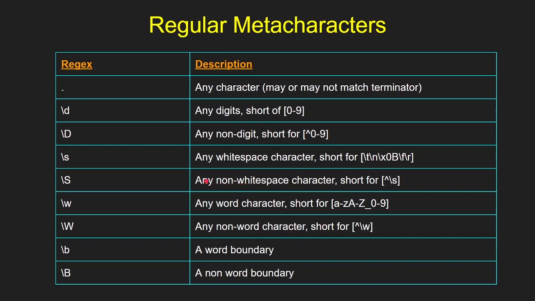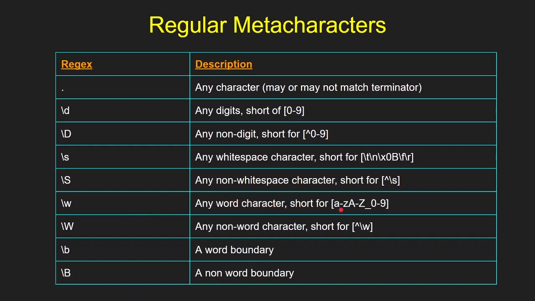Next is capital slash S. It is like negation of small slash s. Any non-white space character. Like I said, it is the opposite of slash s, which is in small. Similarly, we have, like we already saw in D, we have for S, W, B, everything. So what w means? It is a word character.